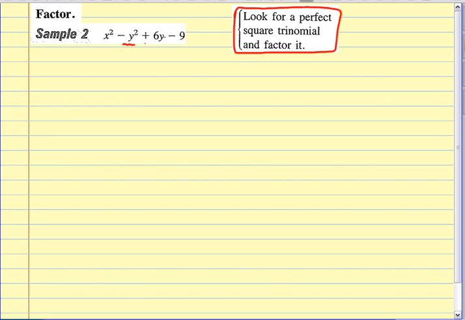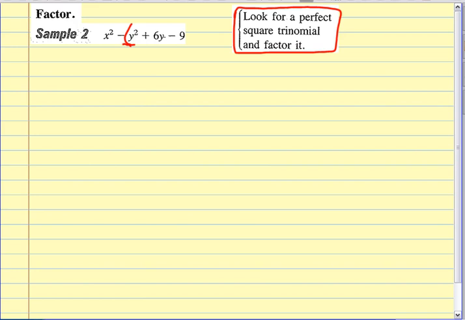I'm going to pick these 3 because that looks like something I've factored before: y squared, and then y, and then a constant in the back. But the problem is that as soon as I put these parentheses up, do you see that the y became positive? It was negative, but now it's positive.